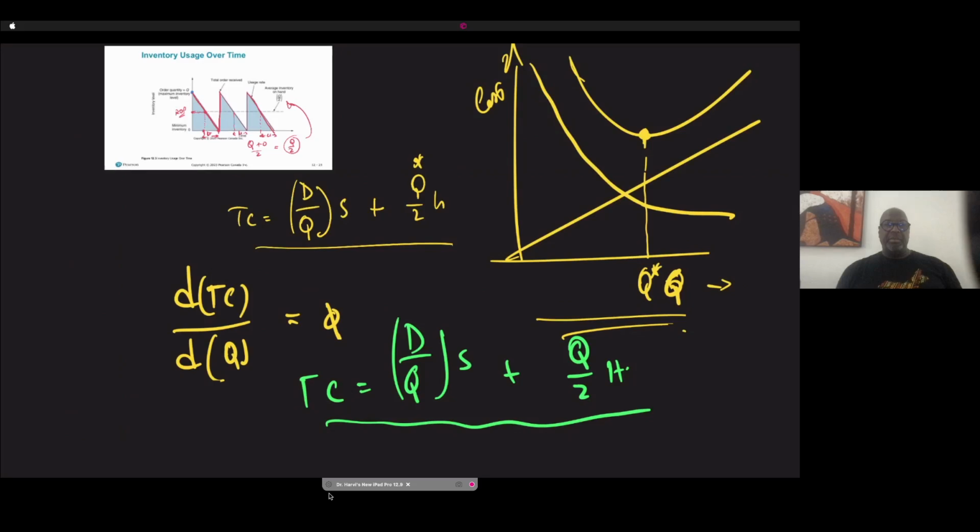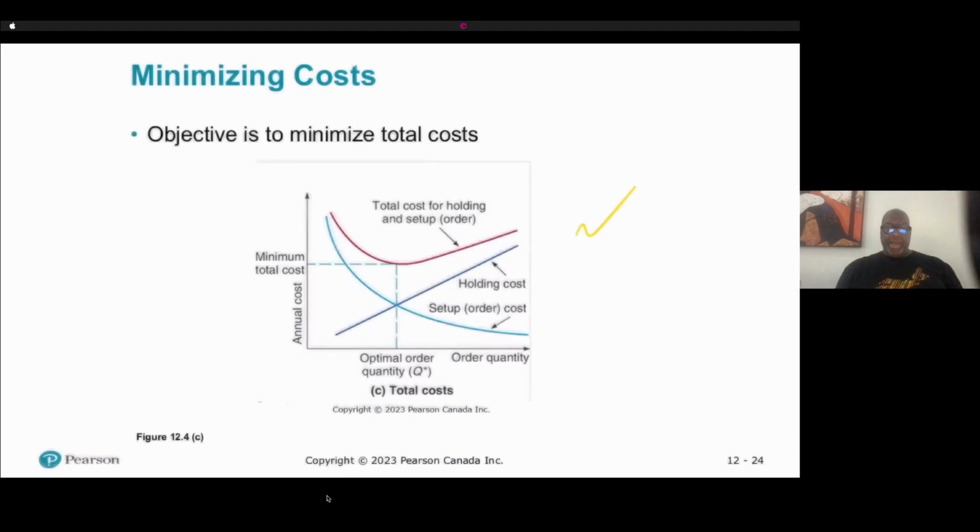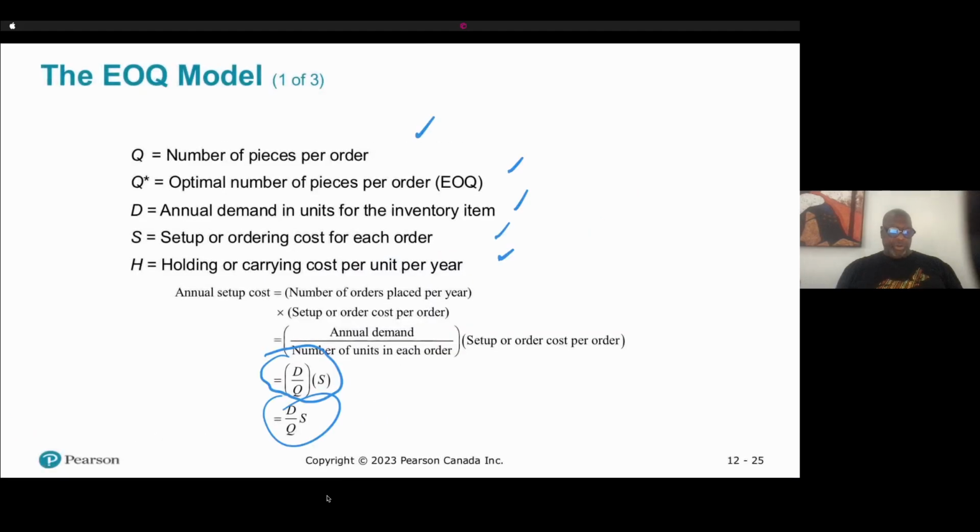So the function that this represents, okay, here we go again, I'm losing my diagram. The function that we represent here is a convex function, and we just find the minimum of that particular function, all right?